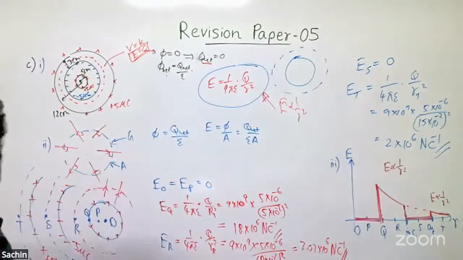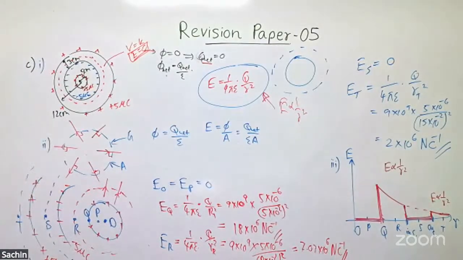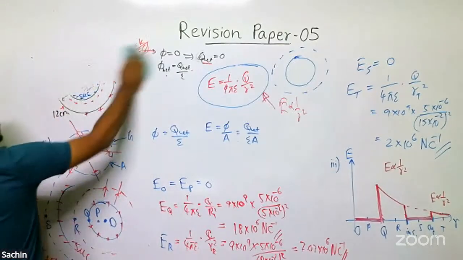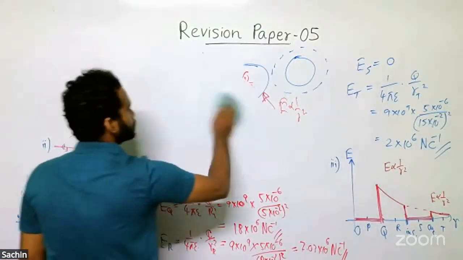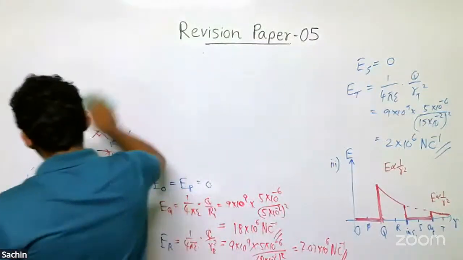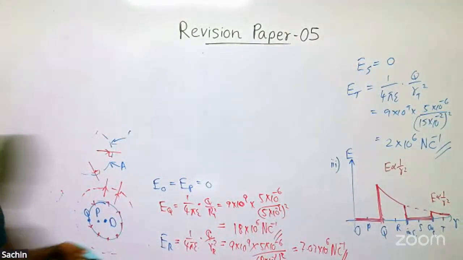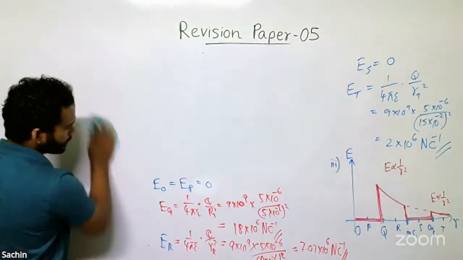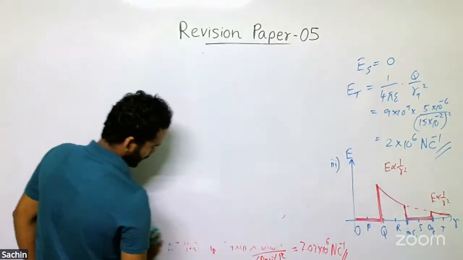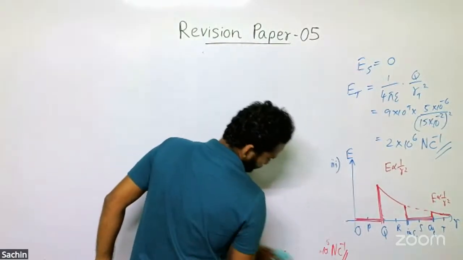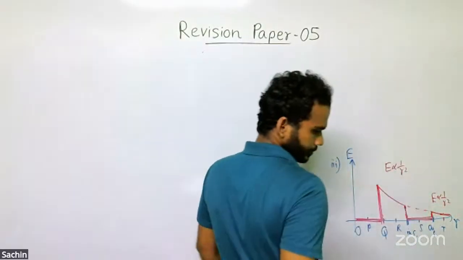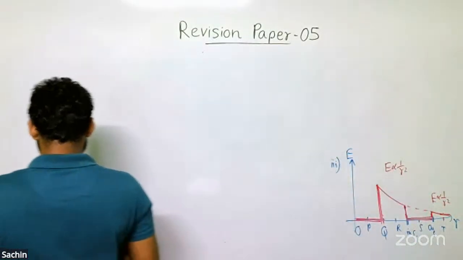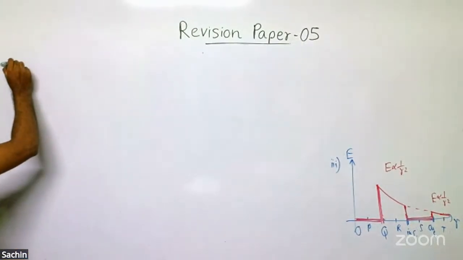So the last one, calculate the electric potential at P, Q, R, S and T. Oh, I did it wrong. That will be coming to it. Okay, so let's see.